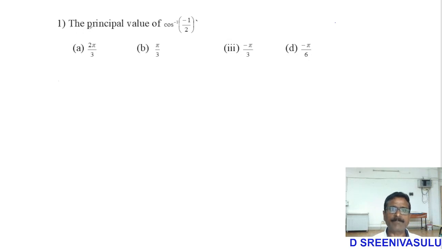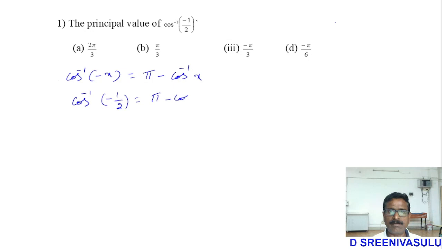Question number 1. The principal value of cos inverse of minus 1 by 2. What is cos inverse of minus x? This is equal to pi minus cos inverse x. So cos inverse minus 1 by 2 can be written as pi minus cos inverse 1 by 2.